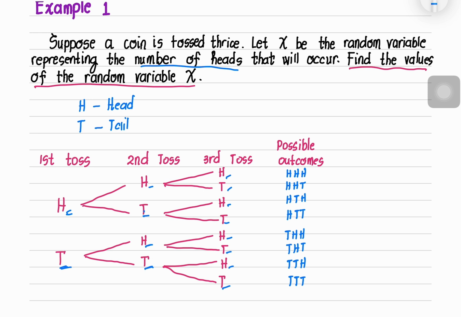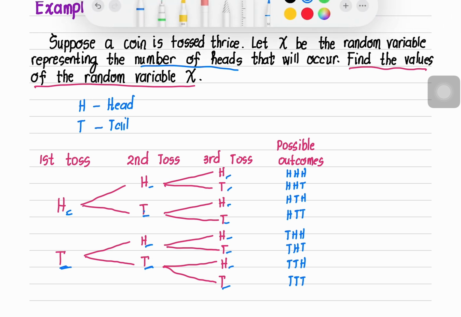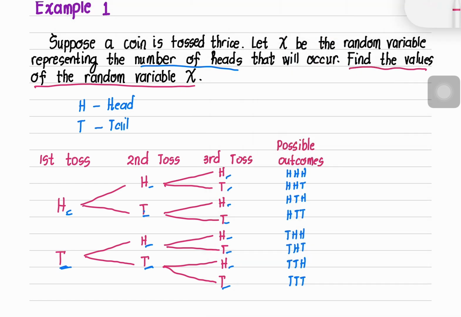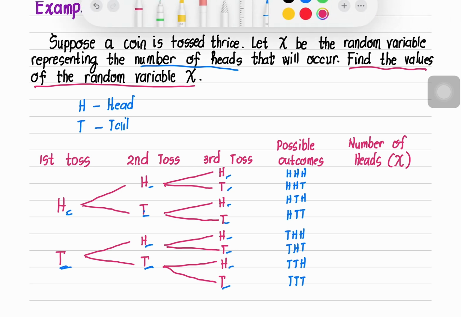So, number of heads or capital letter X, variable X. So, bilangin lang natin yan, class.